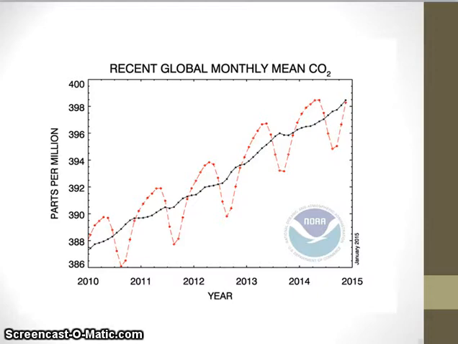You can see the black line indicates the average monthly carbon dioxide measurement from 2010 to 2015, and the red line is just the annual variation. And as you see, since 2010 to 2015, the amount of carbon in the air has indeed increased.